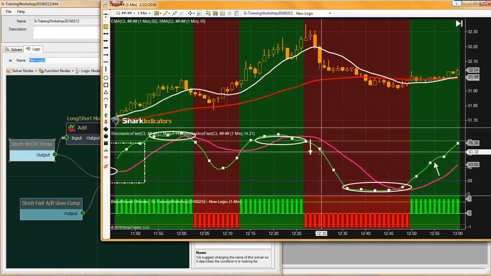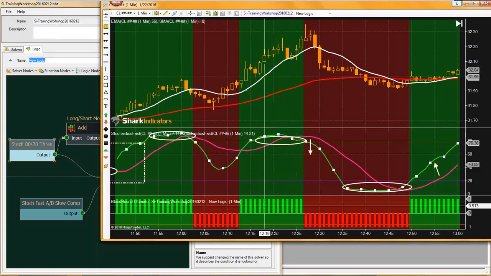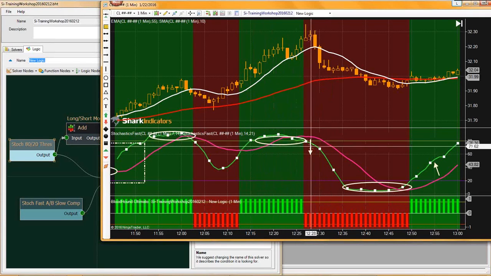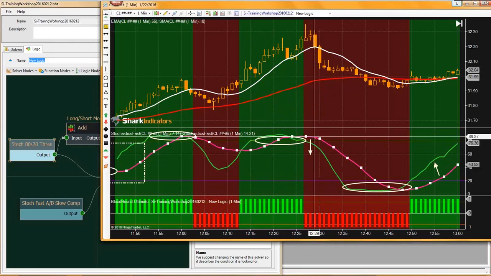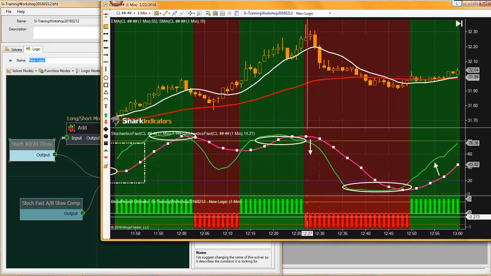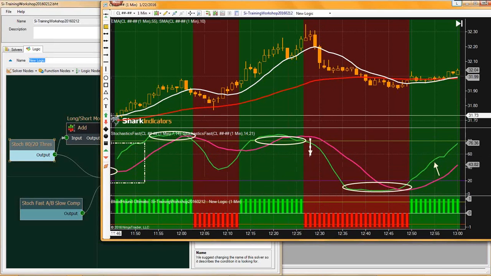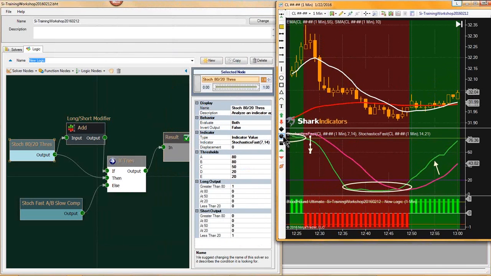The green stochastic is going from overbought, which gives us the long output, and then it switches over to condition B where the green stochastic is below the red stochastic, and so therefore we get the short output. All right, well that does it.